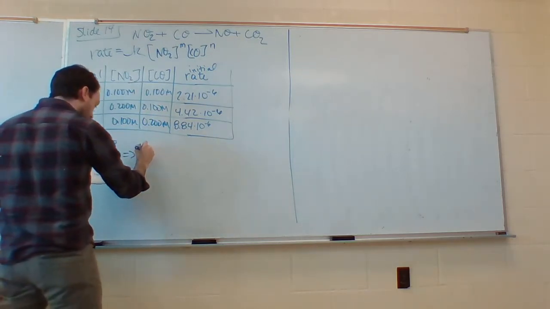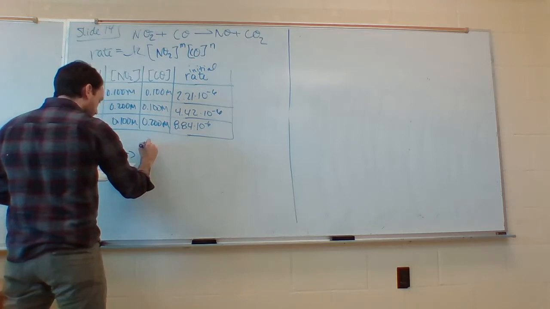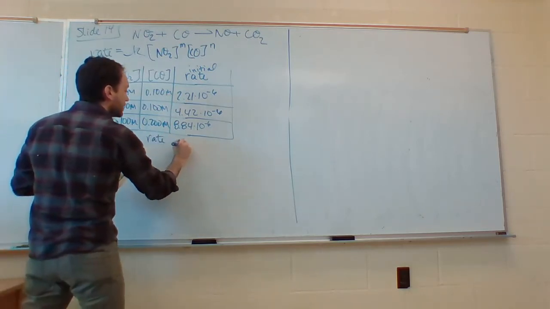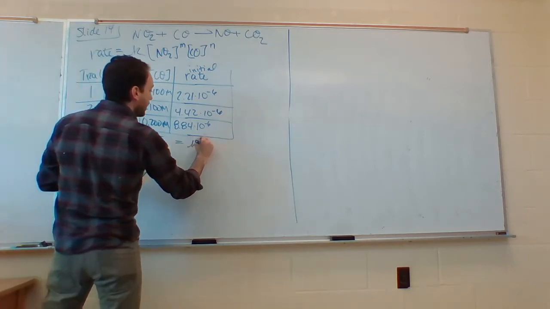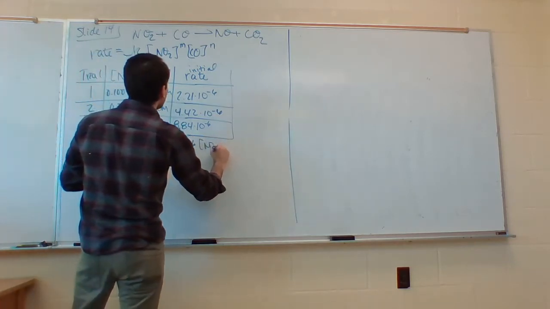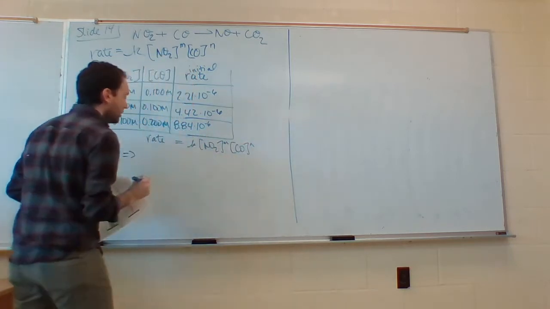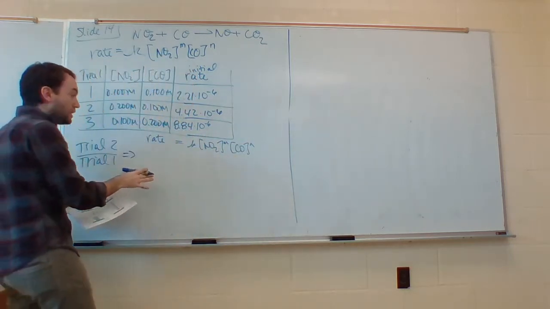So we would say that we have our rate, right? I'm just going to write this here. We have our rate is equal to K NO2 to the M, CO to the N, okay? So this is where that ratio comes from.